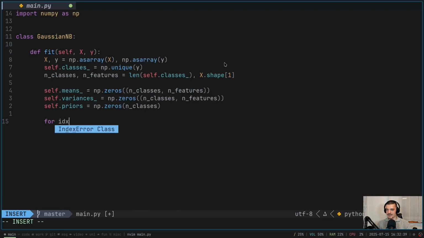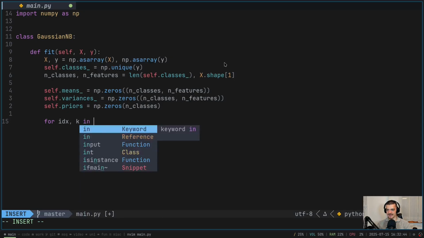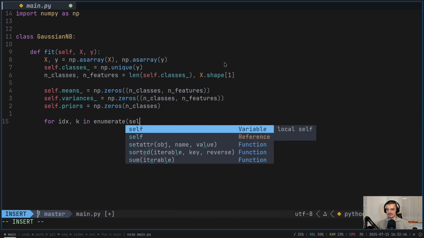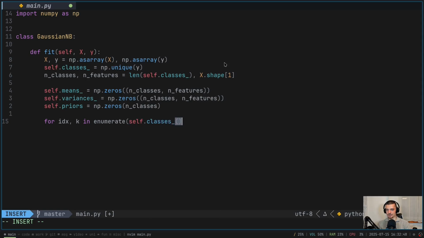I'm going to say for index and class k in enumerate self.classes_. So we iterate over the classes and we also have an index. I'm going to create a matrix xk, which is all the input data where the correct classification is k.